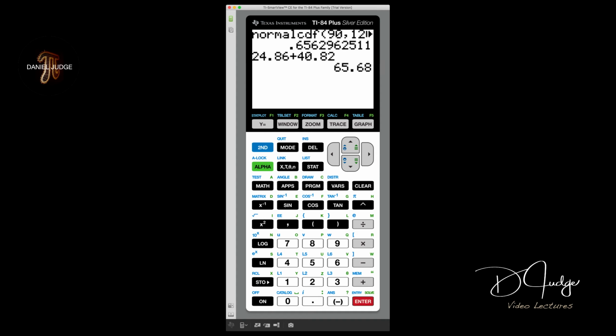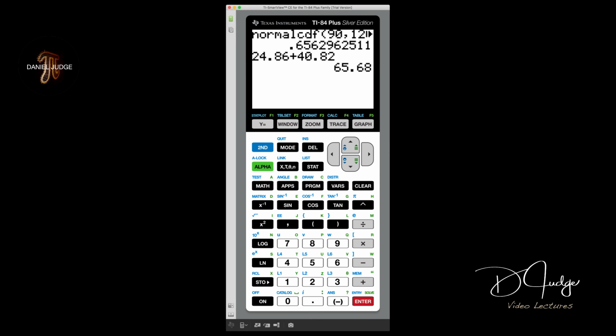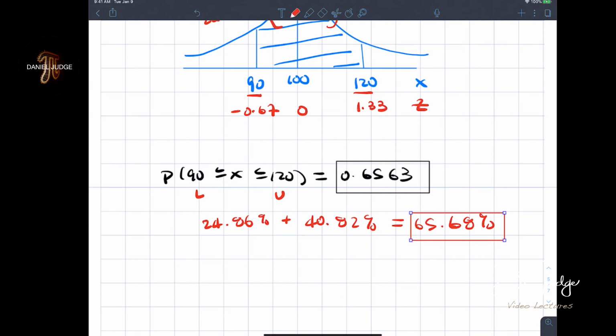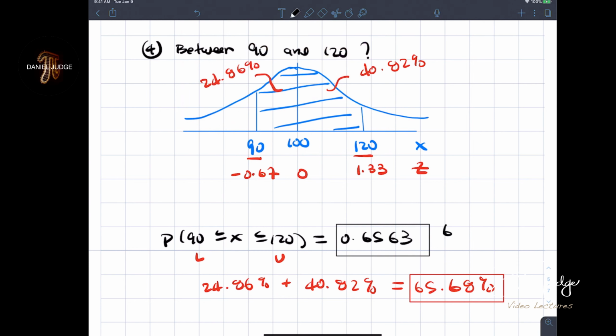We get 65.68%. So go back to the iPad and say, oh yeah, that pretty much does look pretty close, right? Earlier, this was the probability, 65.63%, right? So we compare those two. I mean, it's pretty close.